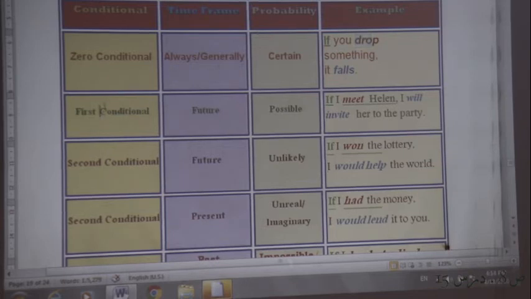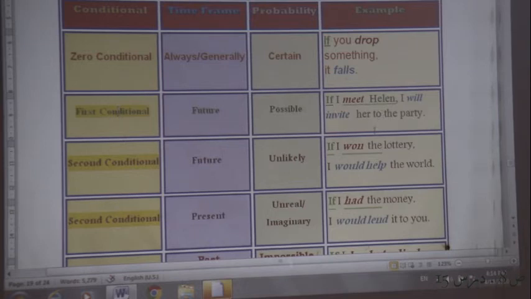Now, these three conditionals are the most important for your final exam. First conditional refers to the future, and the probability is that it is likely, possible to happen. For example, if I meet Helen, I will invite her to the party.